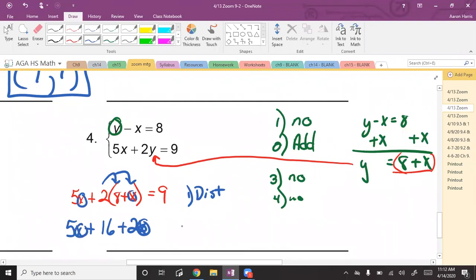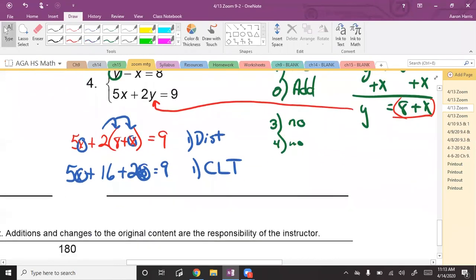Right? Can I do step number 1 again? Yes. Combine like terms. If I'm combining like terms, 5x plus 2x is what? 7x. 7x plus 16 is equal to 9. Step 2, remove all what? Addition, subtraction from where? Near your variable. So I am going to subtract.